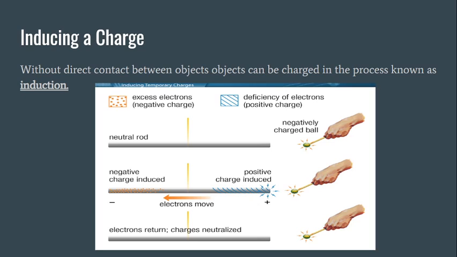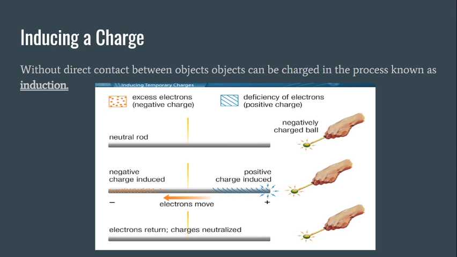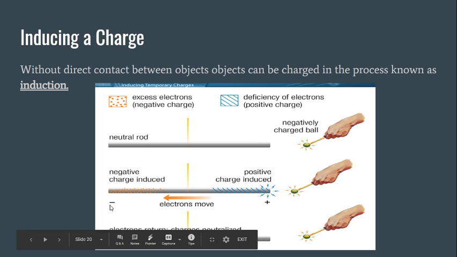Now, after you move the ball away, as you see in the last panel, the third one, it'll actually just neutralize. So this, for the most part, is temporary, as we're going to see here, induction. Charging by induction produces two charges instead of just one, and we can see that once again right here. In the middle example, we have a positive and we have a negative.